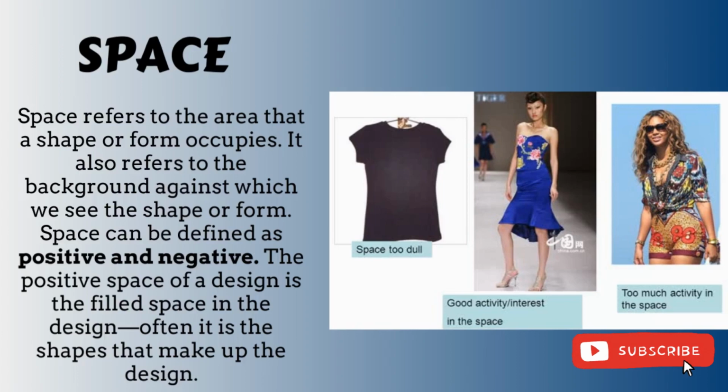The other elements of design can be used to define the contrast between the negative and positive space found on fabrics, in clothing, or used in interior spaces. For example, as you've seen in this picture, with the use of space.